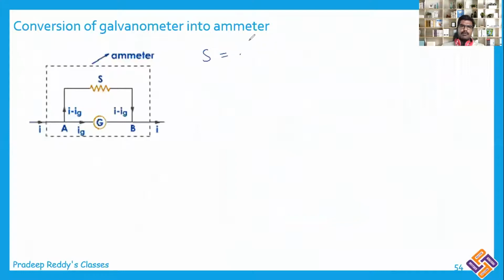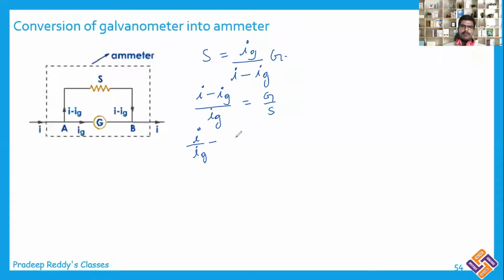S is equal to Ig divided by (I minus Ig) into capital G. From here, I'll just write it as (I minus Ig) by Ig is equal to G divided by S. Now I can write I by Ig minus 1 is equal to capital G by S. Bring this 1 to the other side.